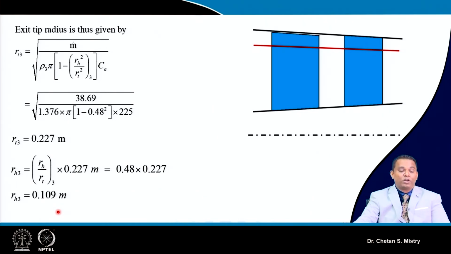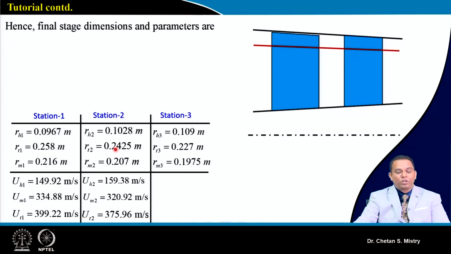So when you are doing this design, you need to calculate your radius both at the hub as well as at the tip. These are the calculations for different stations: station 1, station 2 and station 3.